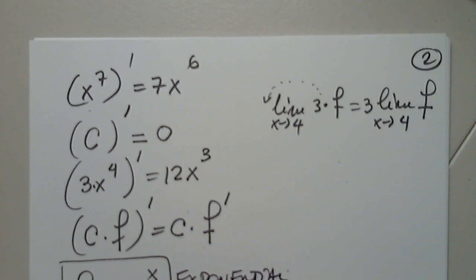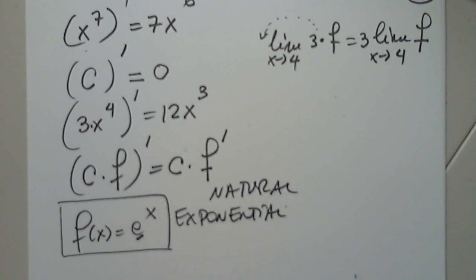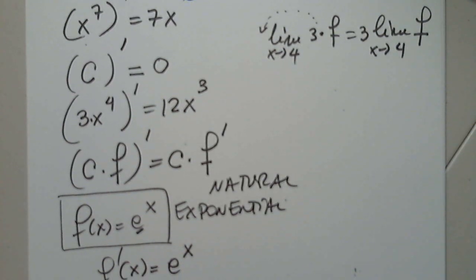Basically, it is the natural exponential function because the base is e. It turns out that this is a very friendly function because when we differentiate it, we get e to the x. So the derivative of this is the function itself.